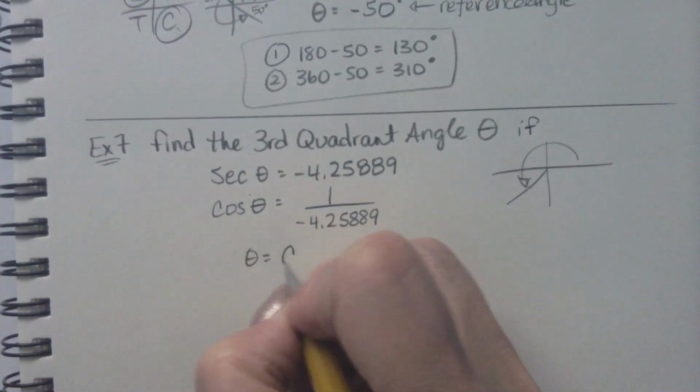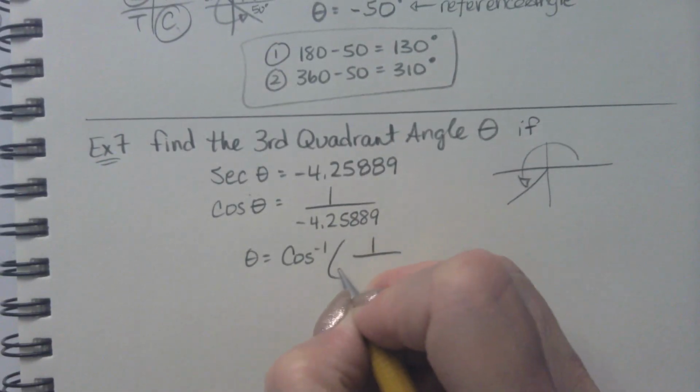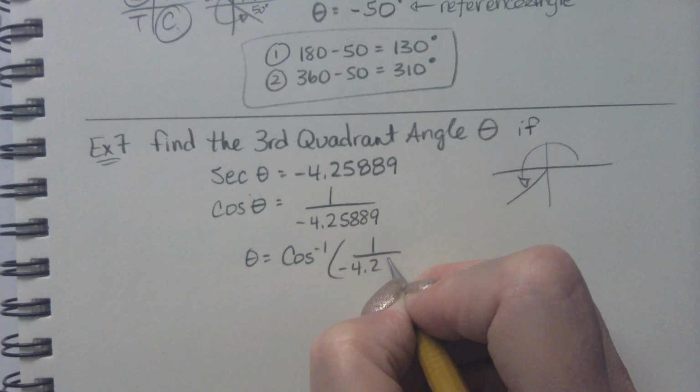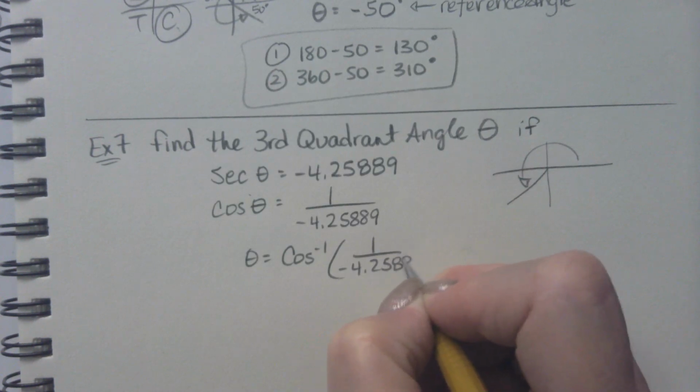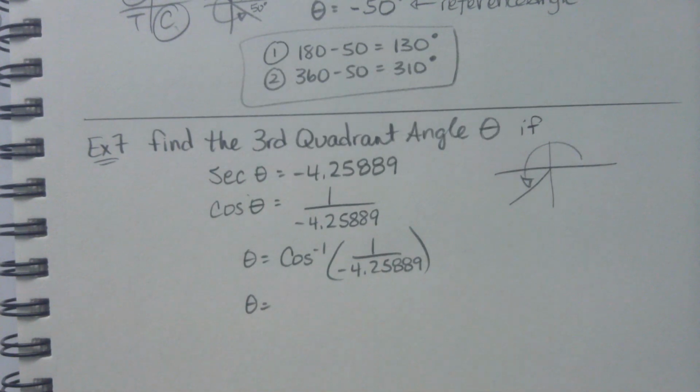Then I'm going to go cos to the negative 1 of that answer. Second function cos, 1 divided by a negative 4.25889. Delete. And I get 104.